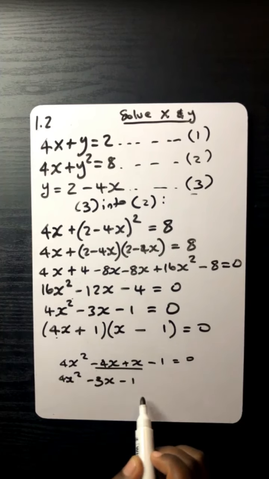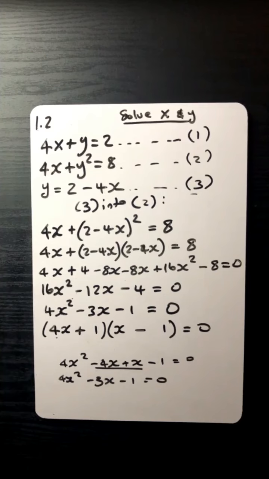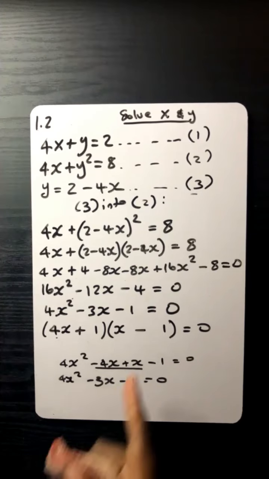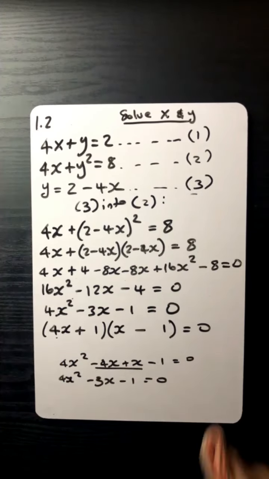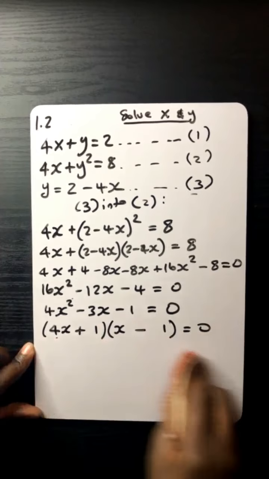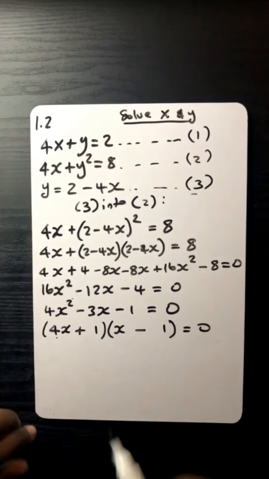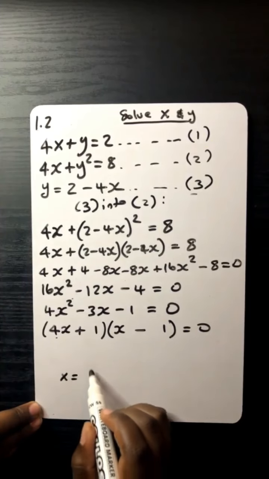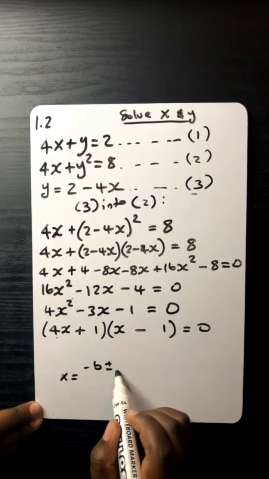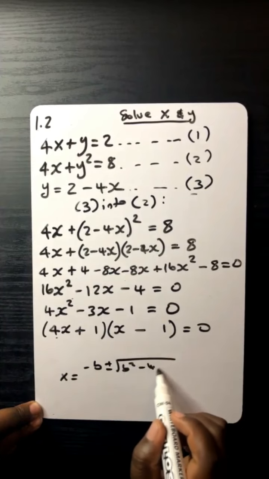Can you see, guys, from the few lessons that we had, I'm now able to factorize this using my head. Ladies and gentlemen, in case this was a bit complicated for you, this is where you can use this formula.